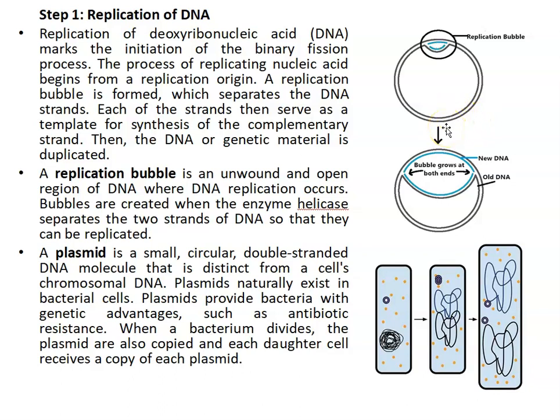DNA or genetic material is then duplicated. You can see here, this blue colored DNA is the new DNA and the black one is old, right? So this is how replication starts. Replication bubble is an unbound open region of DNA where DNA replication occurs.